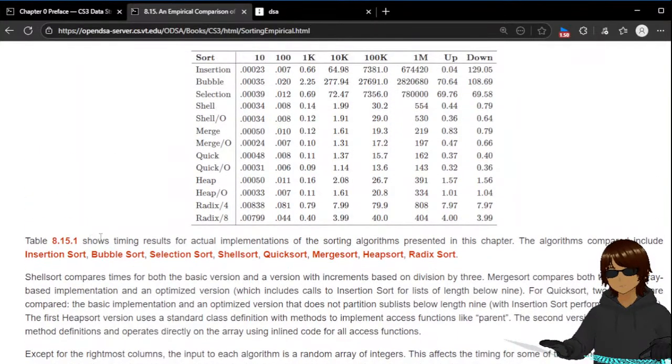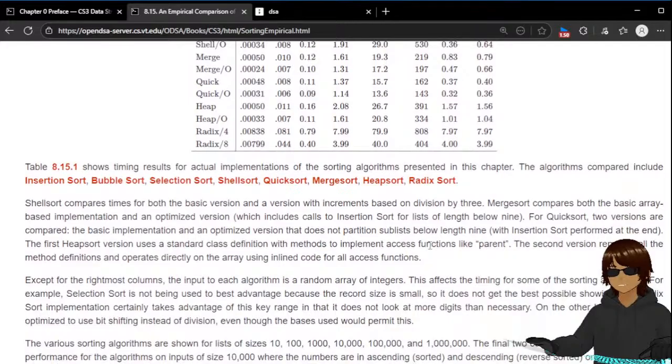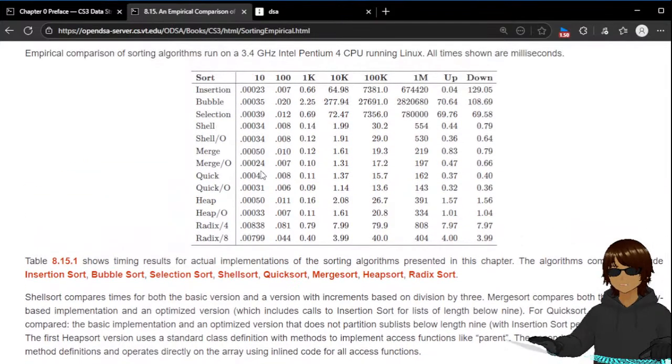Table 8.15.1 shows timing results for the actual implementation of sorting algorithms presented in this chapter. The algorithms compared include insertion, bubble, selection, shell sort, quick sort, merge sort, heap sort, and radix sort.